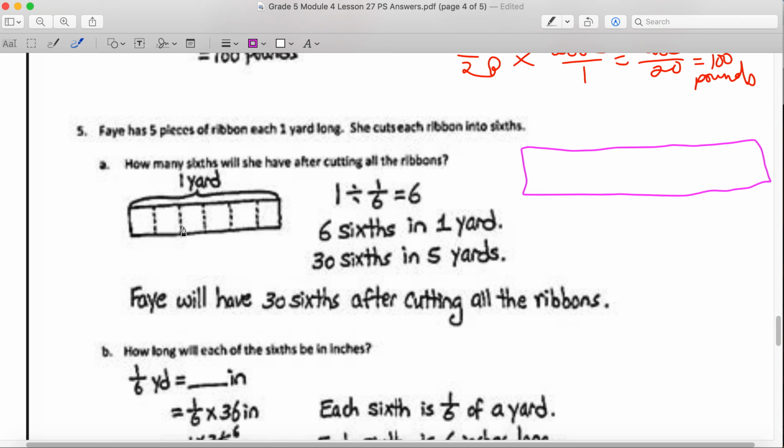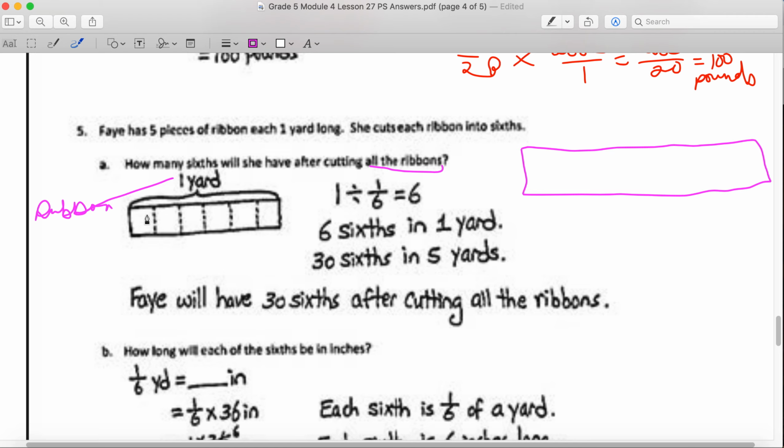Because it says how many sixths will she have after cutting all the ribbon. So let's see what 1 yard looks like, or 1 piece of ribbon. And really, if you can think about this as ribbon, then that might help you just a little bit, because it says that each ribbon is 1 yard long. So here's the 1 yard.